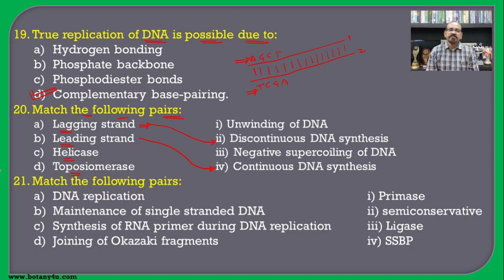Helicase is responsible for breaking the hydrogen bonds between the complementary nitrogen bases, which is known as the unwinding of the DNA, while topoisomerase is responsible for the negative supercoiling of the DNA.